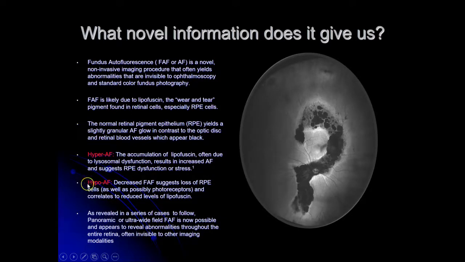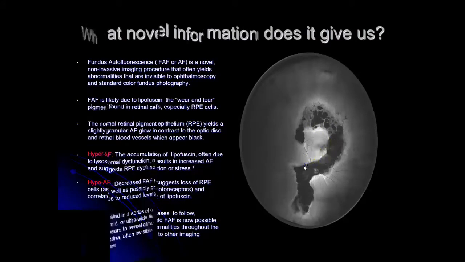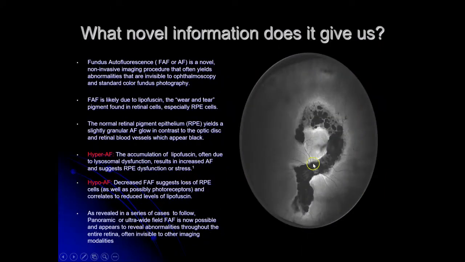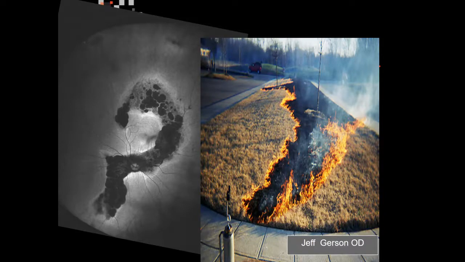In hypo, HYPO autofluorescence, we can see that there's a decrease in autofluorescence. That's this dark zone over here. And this suggests that they actually have dead retinal pigment epithelial cells. So we can have normal, hyper, or hypo, and they're all a little bit different, and give us a different bit of information.